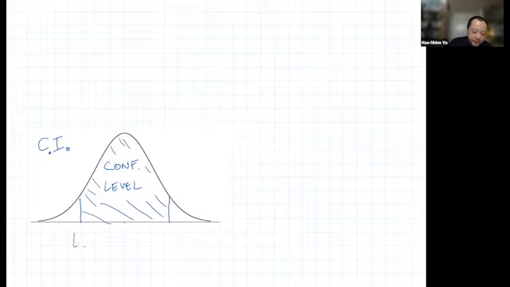And this would be the lower limit, and this would be the upper limit of the confidence interval. But if we switch to the z-score of it, then this point right here would be the critical value z star. That leaves two tails on both sides, and we say that the confidence interval is always two-tailed.